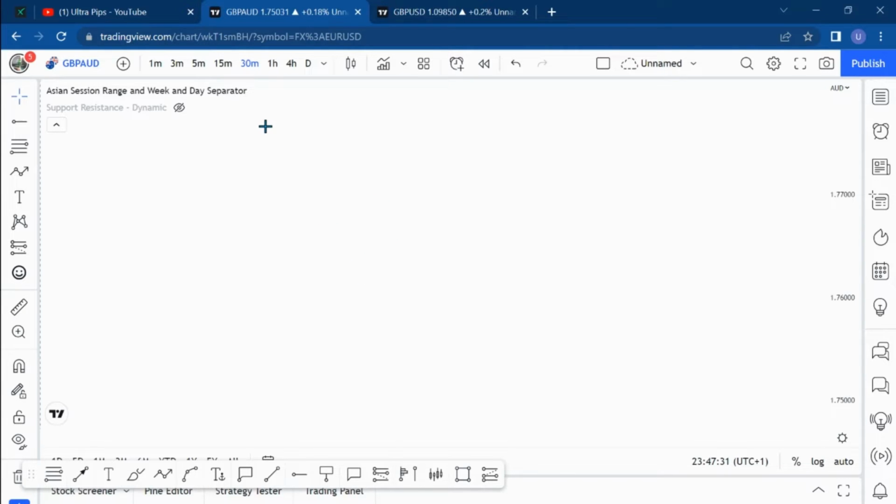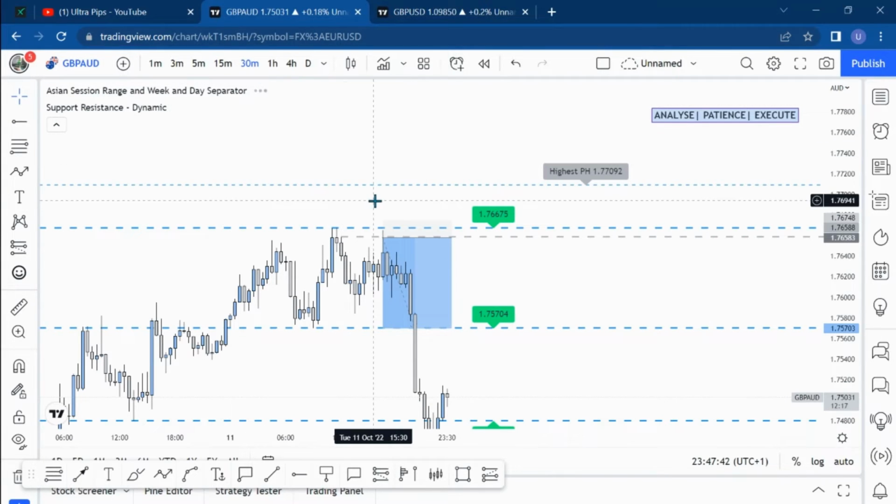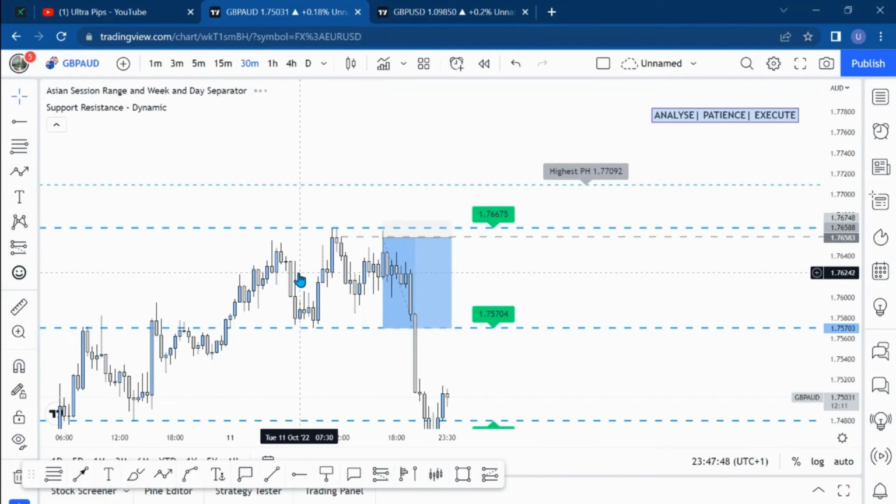Using the indicator, you get to understand things better, you get to understand price action better.